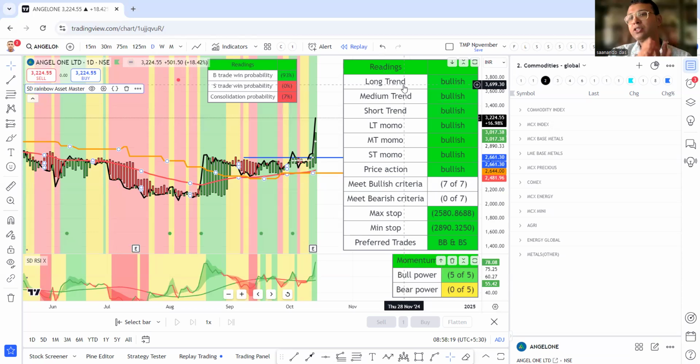Within each time frame, be it daily chart, weekly chart, monthly chart, 15 minutes, 5 minutes, whichever type of chart, there exist 3 prominent trends: long-term trend, medium-term trend, and short-term trend. Each time frame has these 3 trends.